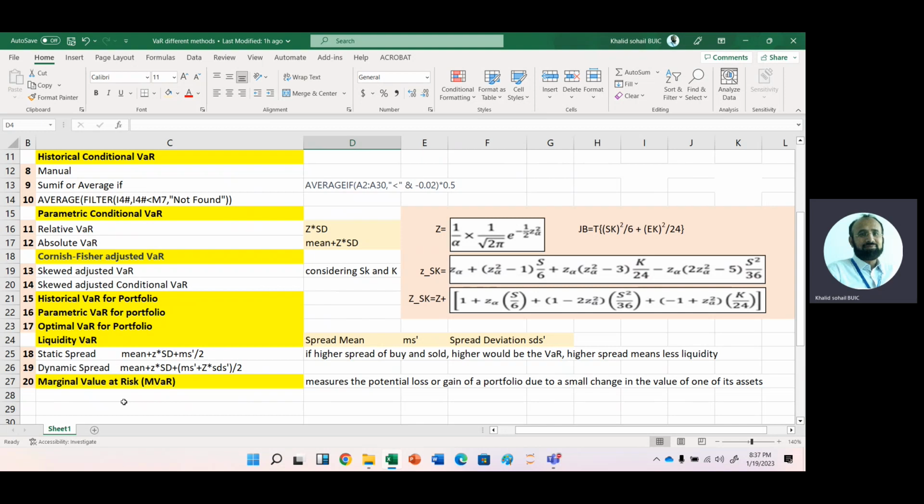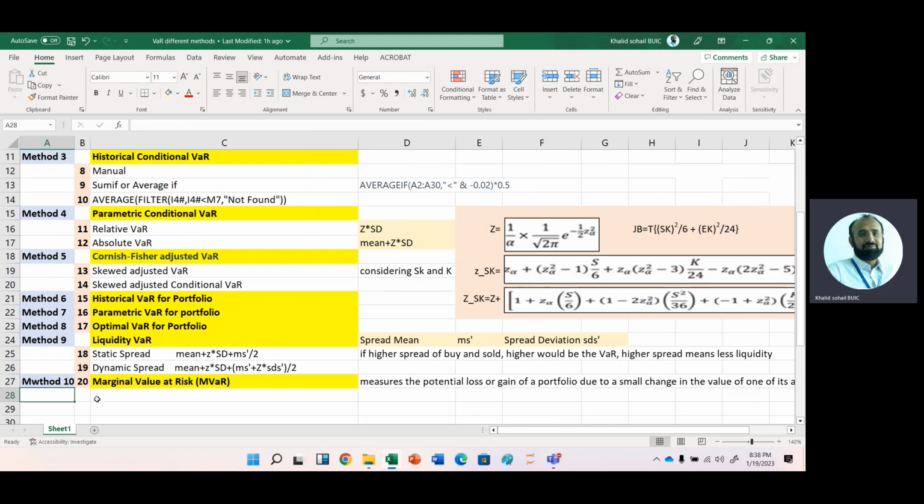Then, last but not least, is marginal value at risk. When in our portfolio we have a number of assets and there is a small change in any asset, it also changes the value at risk. That is called marginal value at risk.